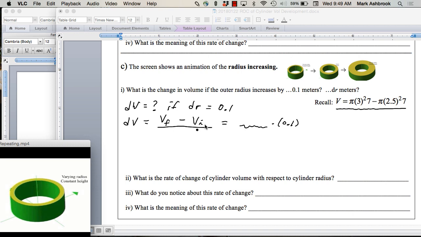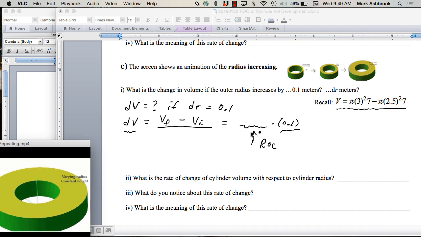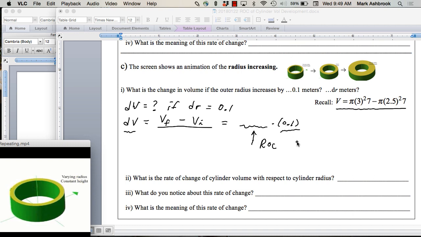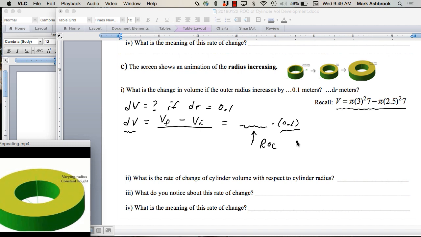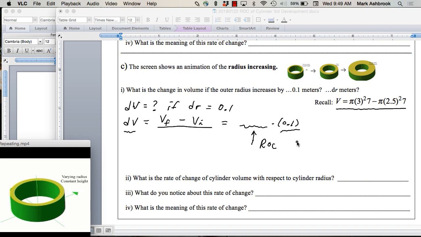So we're going to write out the expression for the change in volume this way, and try to get that thing to look like this. If we can, then that's our rate. Because the meaning of the rate of change is, given any change in independent, the change in dependent will be that rate of change times the change of independent that you picked, right? dy equals m dx.